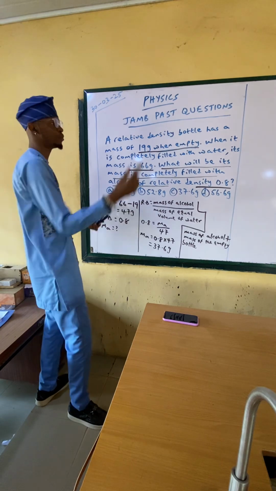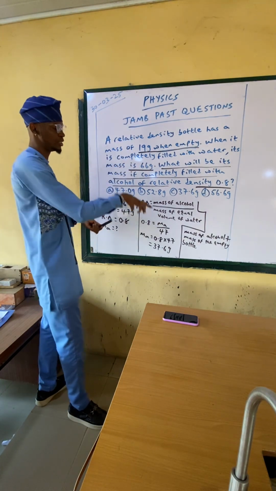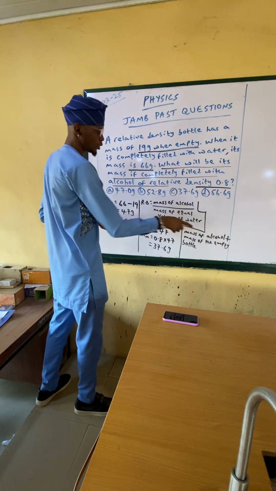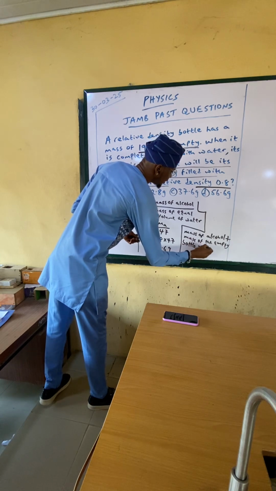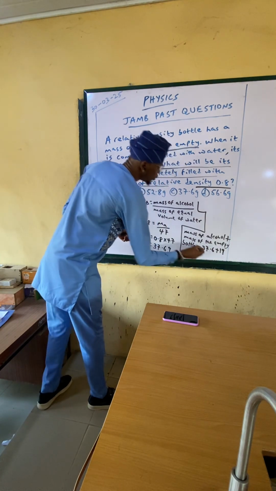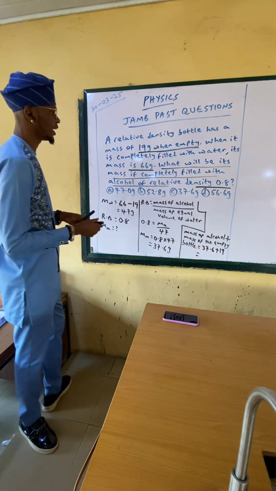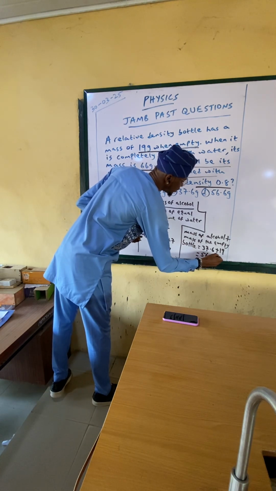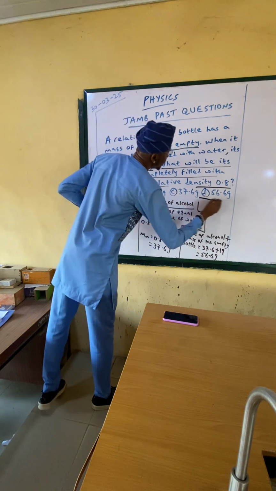That is the mass of the relative density bottle when it is filled with alcohol. So that will be the mass of alcohol plus the mass of the empty bottle, which will now be 37.6 plus 19. If we add those, we are going to have 56.6 grams, which makes the correct option to be D.